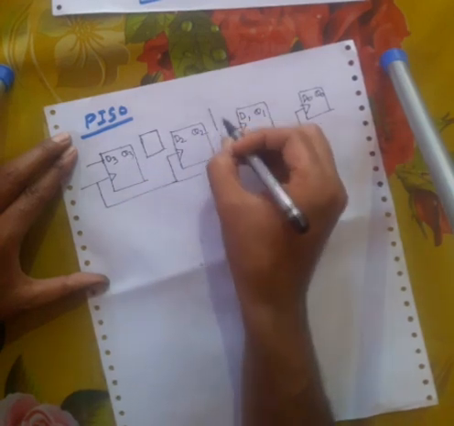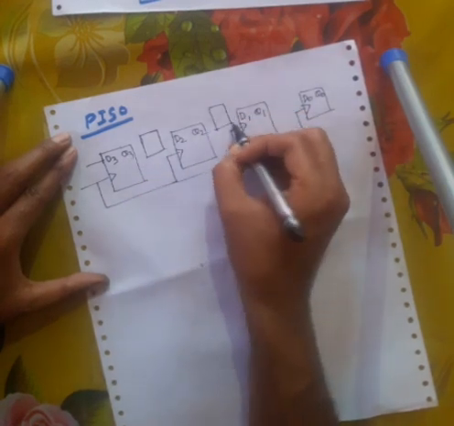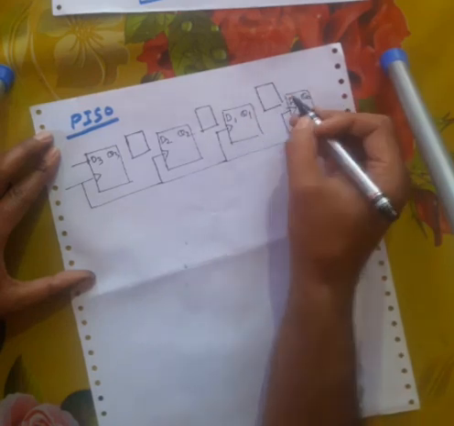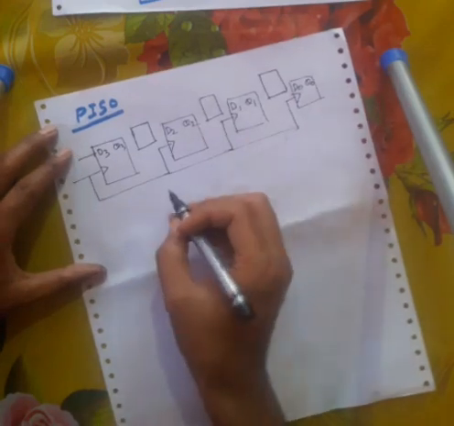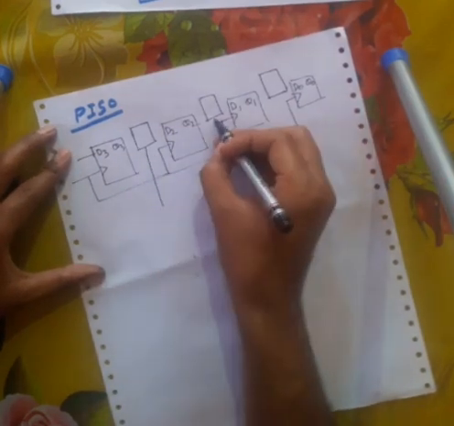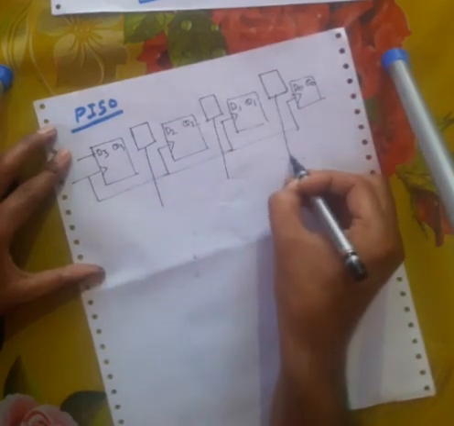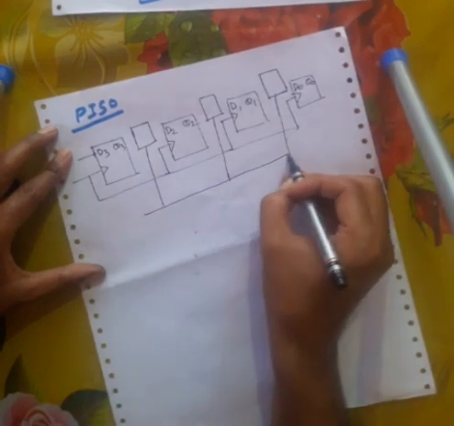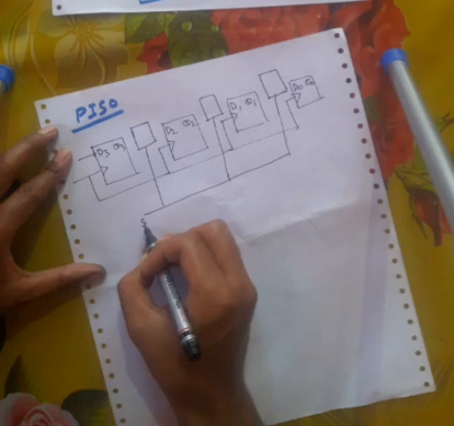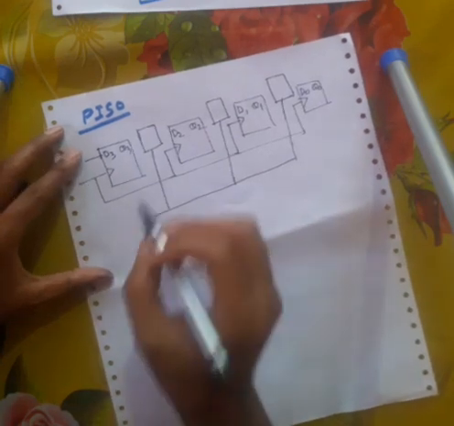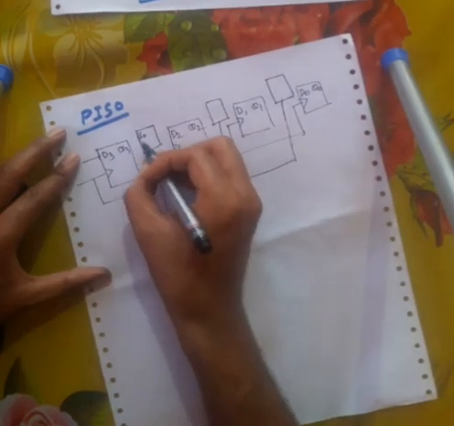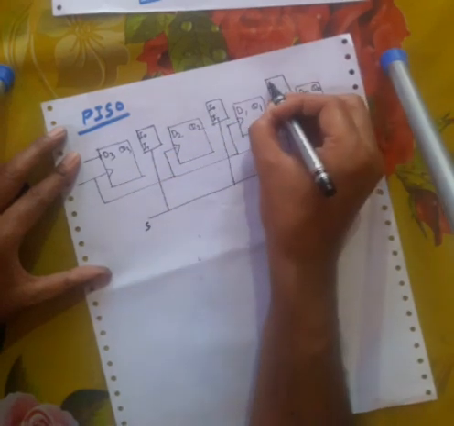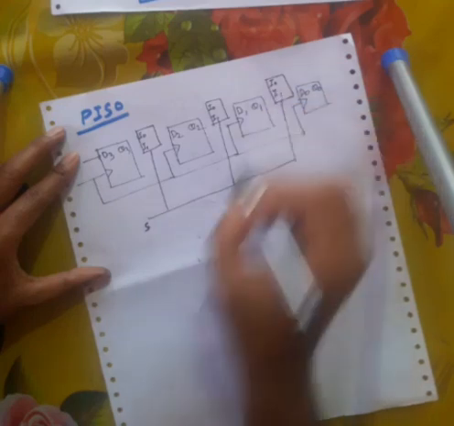Now you know in a 2 to 1 mux there is one select line, or you can say control line. There will be two inputs, I0 and I1.